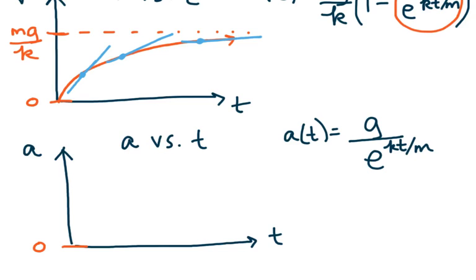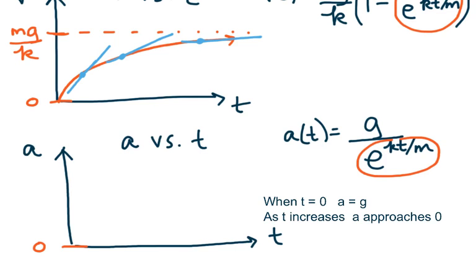Using the acceleration as a function of time equation, hopefully you can see that as time goes up, we are going to have a number in the denominator approaching infinity. And as a number in a denominator approaches infinity, our answer, in this case acceleration as a function of time, approaches zero. Let's also look at what happens when t is 0.